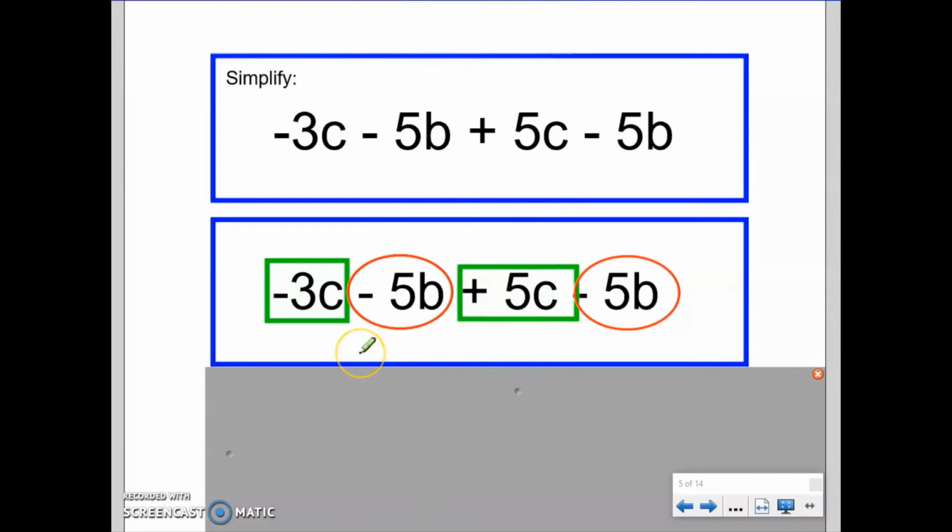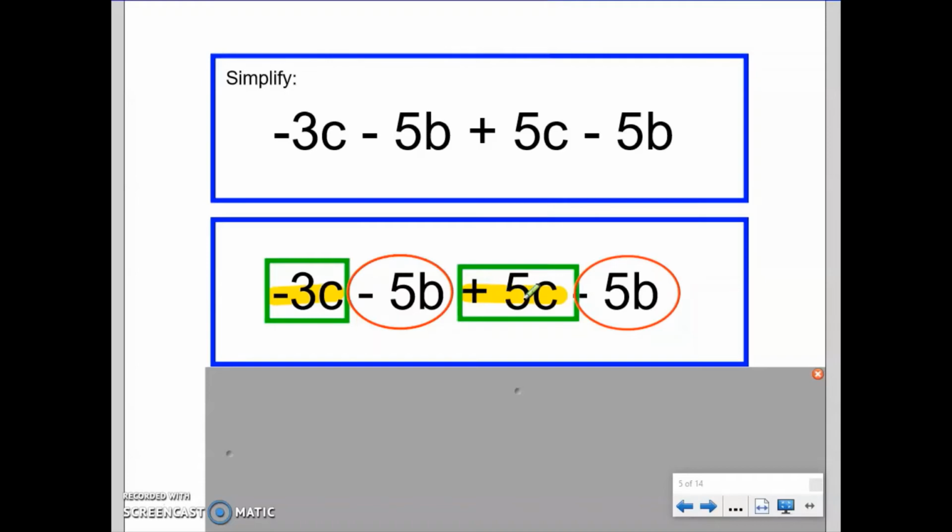So then if I look at my green boxes, I'm dealing with minus 3c's, and then I'm going to add on 5c's. So I start on my negative numbers, I start on minus 3, and I add on 5. So that's going to bring me over 0 into my positive numbers and land me on plus 2c.